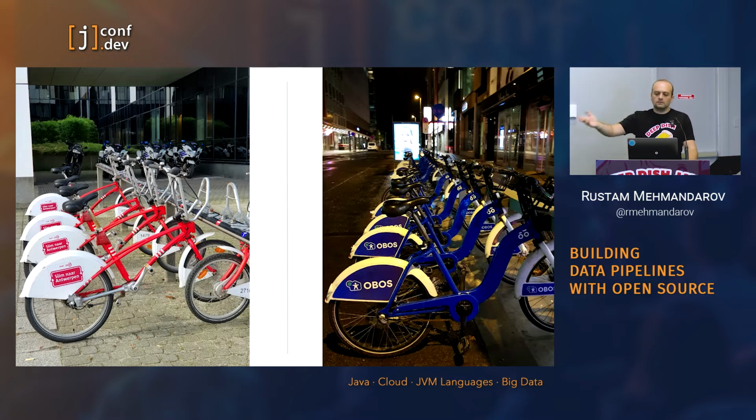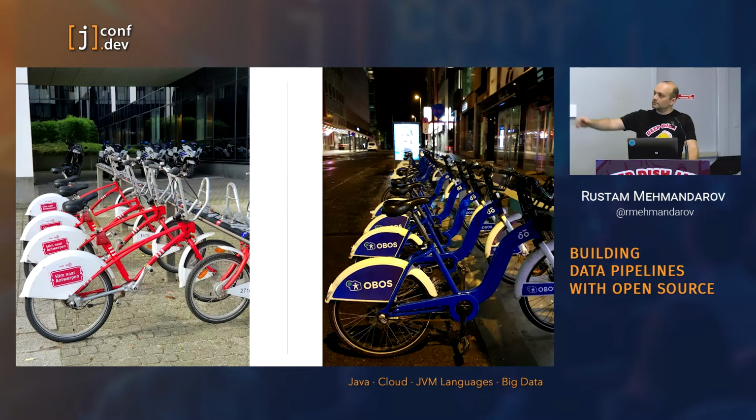You've moved from point A to B, and you pay very small amounts, like a monthly fee or whatever. A lot of that business has been taken by electric scooters and stuff like that, but those bikes are still alive and kicking nowadays.